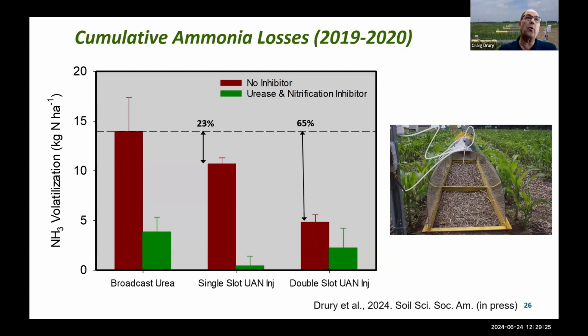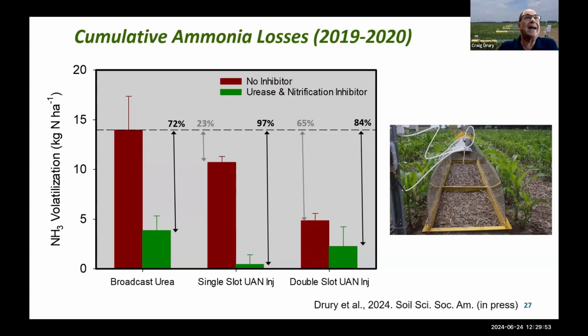Just by going to single slot without inhibitors, we're able to decrease loss by 23%, which is that first red bar, or by 65%, which is the second bar. And then the combination of double slot and the inhibitors, or single slot and the inhibitors, had dramatically lower losses. So that's for our ammonium loss. Let's look at the next one.